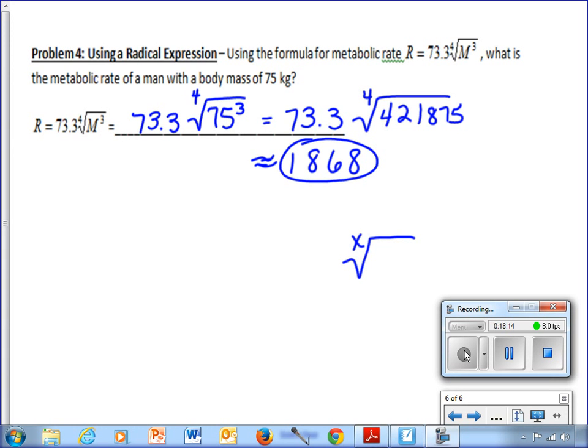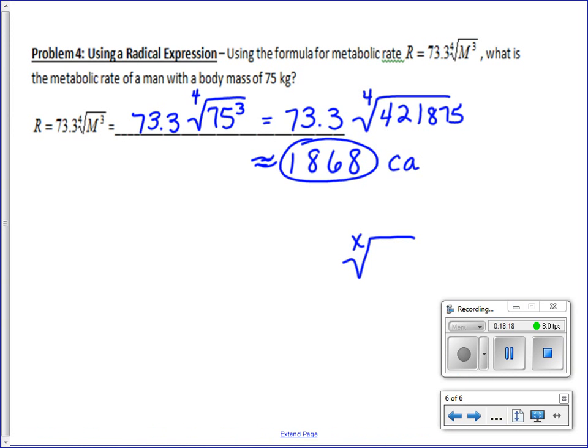Metabolic rate is the number of calories that a person with that body mass will burn in a day. So we'll label our answer calories per day.